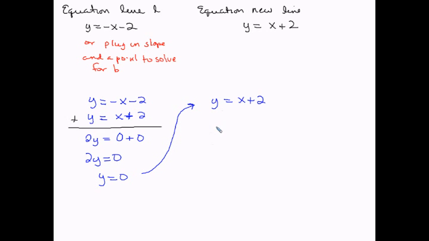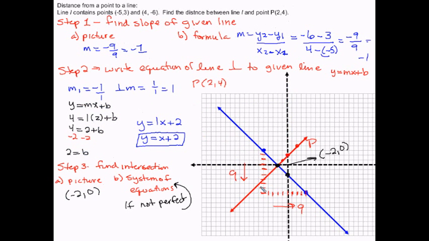So if I say y is equal to x plus 2, I have 0 is equal to x plus 2. I subtract 2 from both sides, and I get that negative 2 is equal to x. And so we still get the same point of intersection, negative 2, 0. So you've got those two ways to find the point of intersection. You can either find it with a picture if it works out, or you can find it with a system of equations.